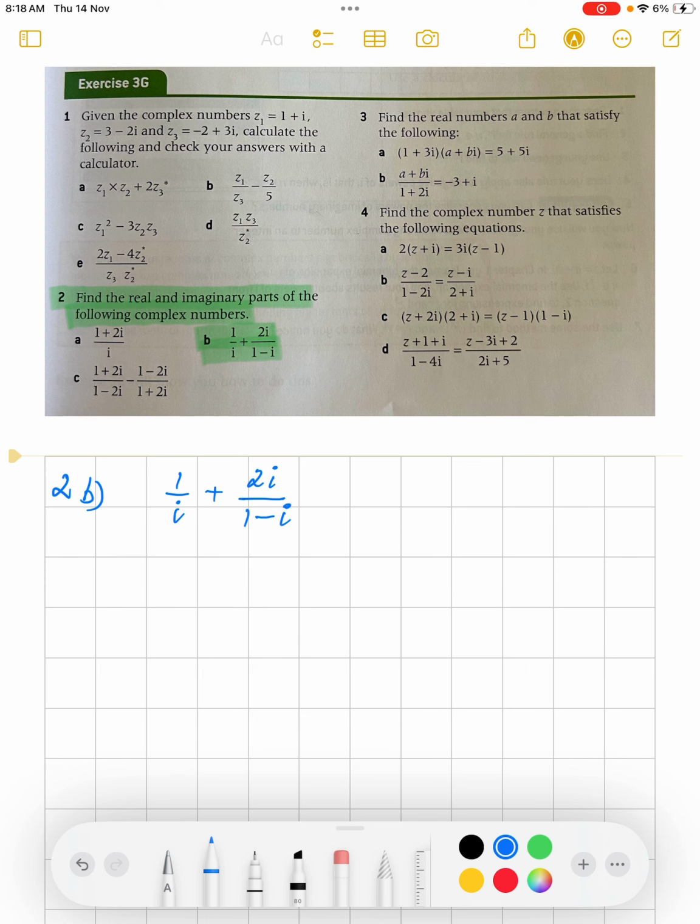Okay, so let's take the first fraction, and we've got a 0 plus 1i, and on the second fraction we've got a 1 minus i. Now I'm going to treat these two fractions separately.